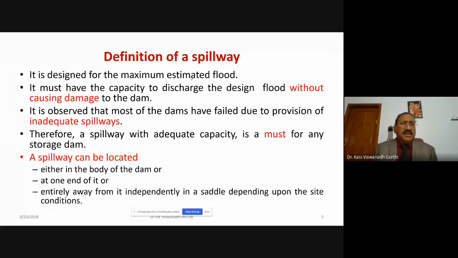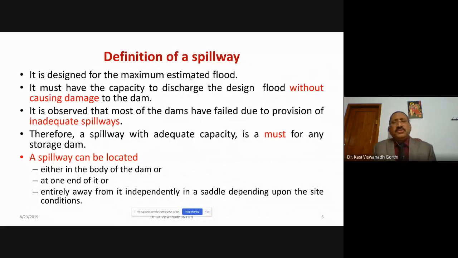This is the main purpose. If there is any damage to the dam, the purpose will be defeated. The entire structure cannot be used because there is damage to the dam. So we need to ensure the safety of the dam. Without causing damage to the dam, it must discharge the entire flood.